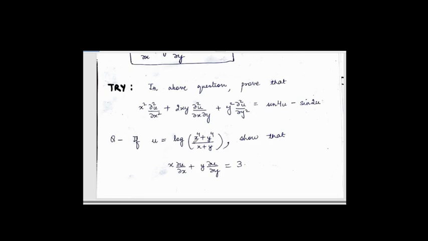Obviously here log of (x4 plus y4) upon (x plus y) is not homogeneous, but if you take exponential on both sides, z, which is e to power u, is going to be homogeneous of degree 3. So you can apply the result to z and then go back to u through the relationship between the partial derivatives. So that's the typical type which you can get related to this topic in partial differentiation.